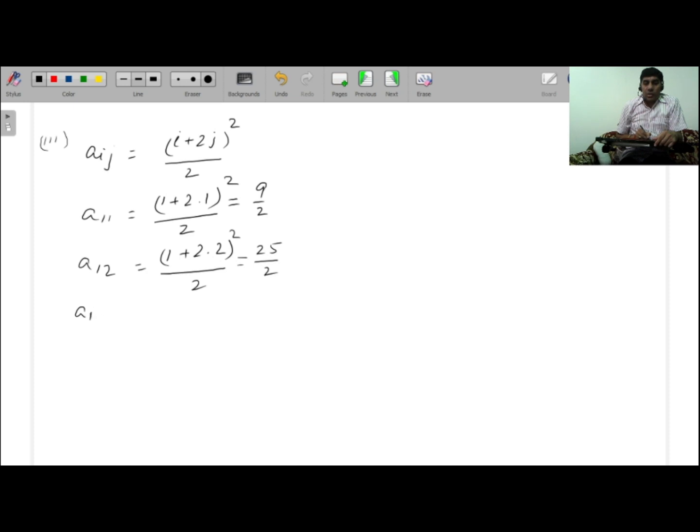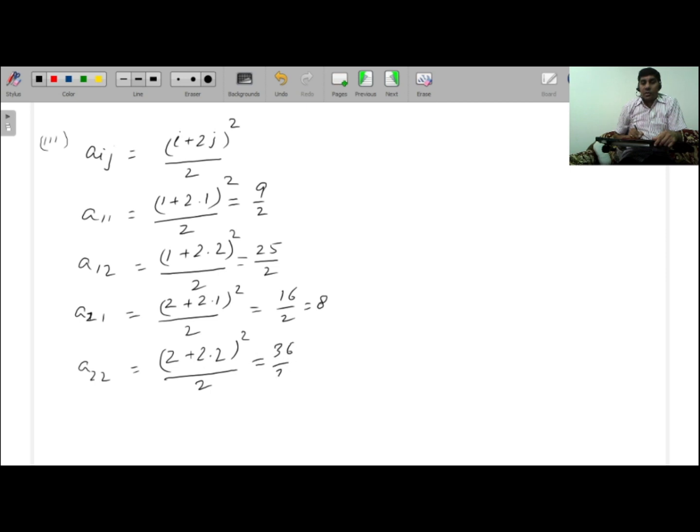A21, i is 2, j is 1, (2 plus 2 into 1) whole square divided by 2 is equal to 4 square, 16 divided by 2 is equal to 8. A22, i is 2, j is also 2, so (2 plus 2 into 2) whole square divided by 2. 2 into 2 is 4, 4 plus 2 is 6, 6 square is 36 divided by 2 is equal to 18.